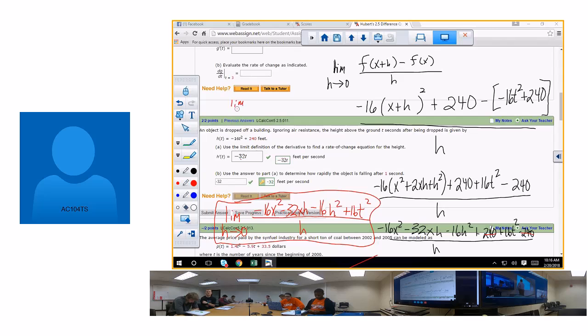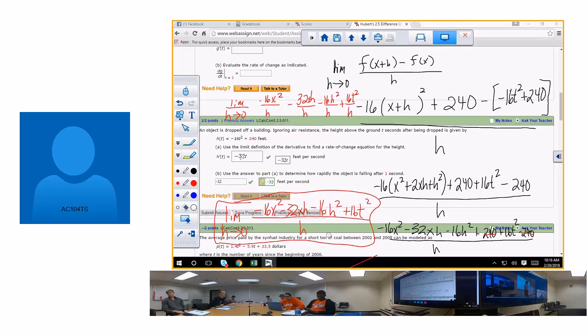Limit as h approaches 0 of negative 16x squared over h minus 32h over h minus 16h squared over h plus 16t squared over h.